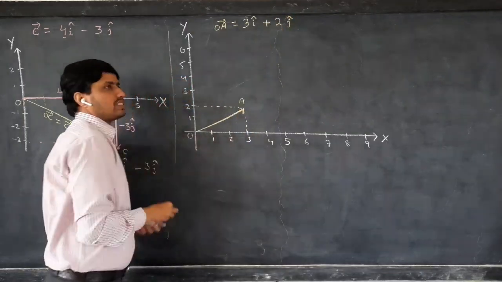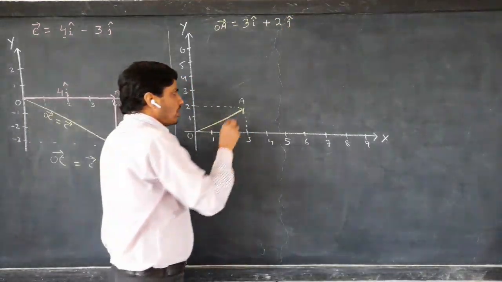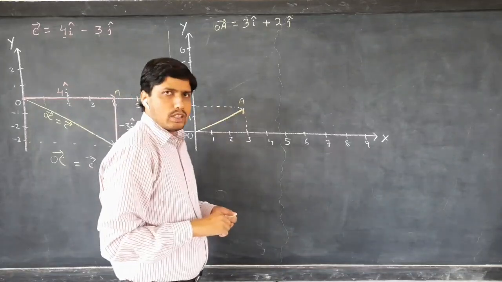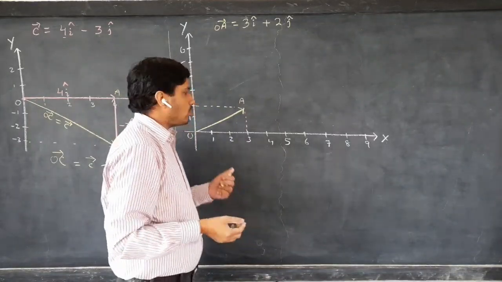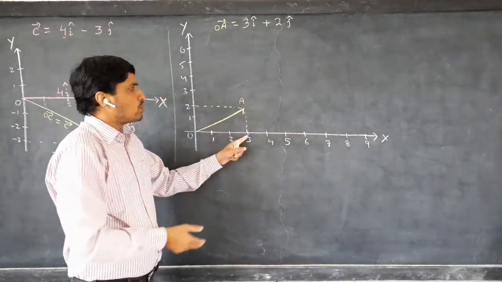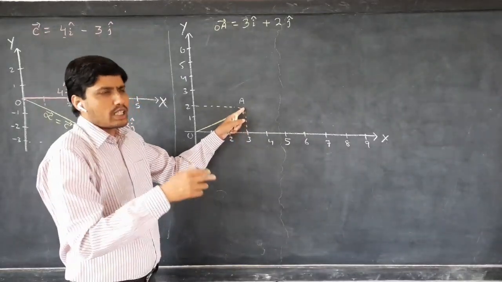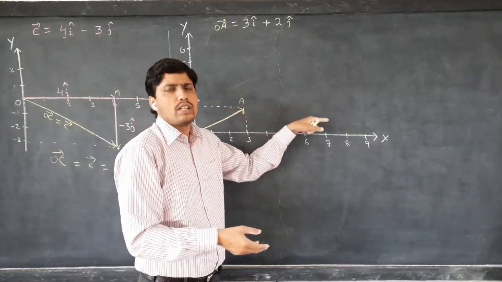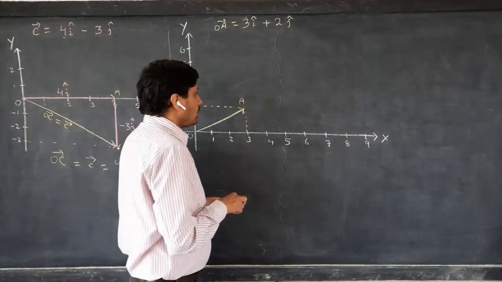This is our vector. Now suppose from here you ask somebody to move 3 units towards east, 2 units towards north, you reach a point, and again move some units towards east, some units towards north.